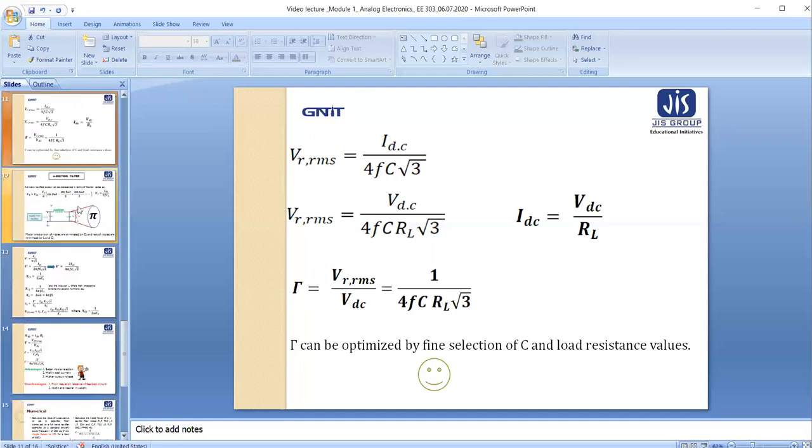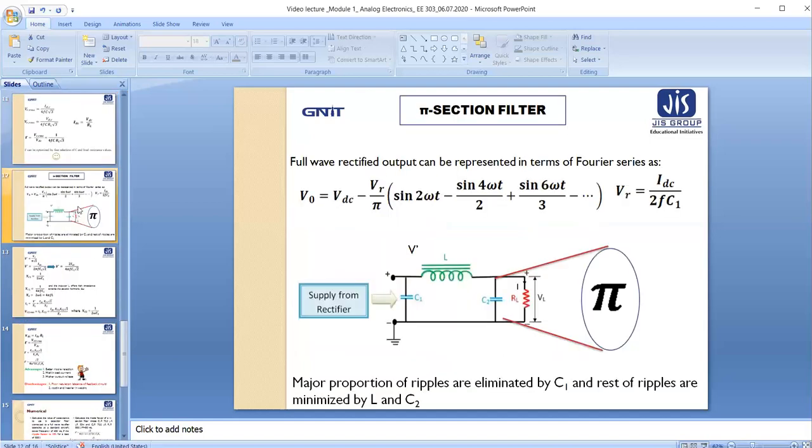Next, we will study the pi section filter. It is a modified or advanced version of the capacitor filter. If we look into the circuit diagram of the filter circuit, we will see that there are three passive components. One is C1, then L, the inductor, and another capacitor C2.